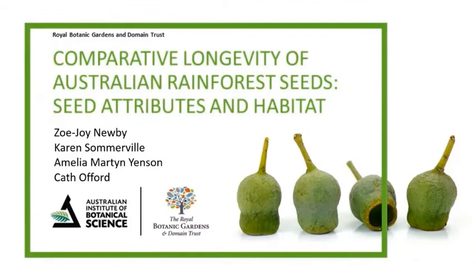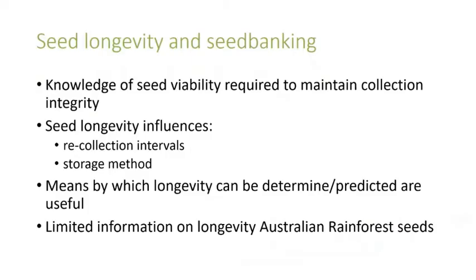In this study, we were interested in looking at how seed attributes and habitat characteristics of Australian rainforest seeds could be related to their longevity. Seed longevity is basically how long a seed remains alive, and within the context of seed banking, this is how long that seed remains viable while in storage.